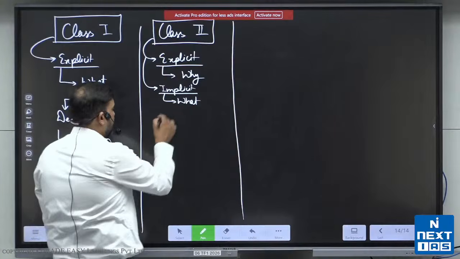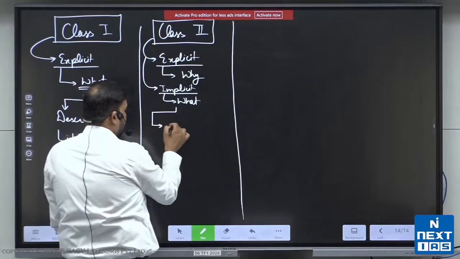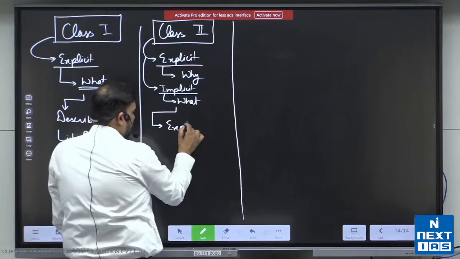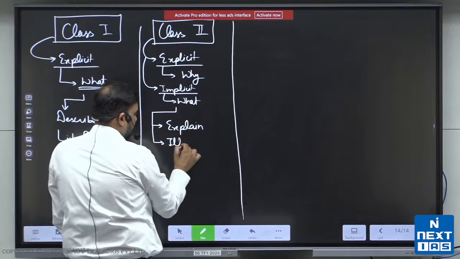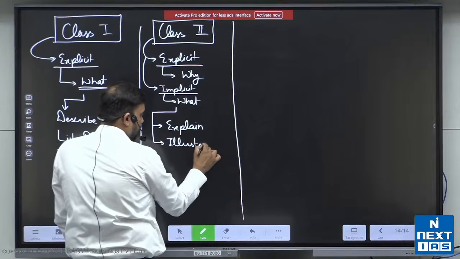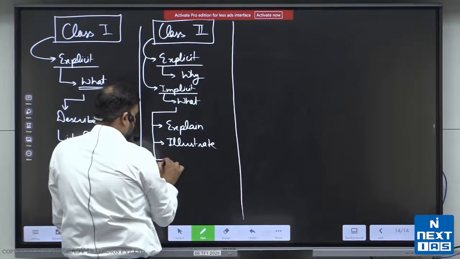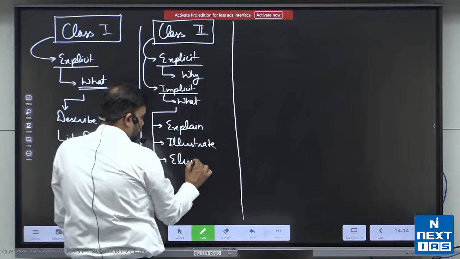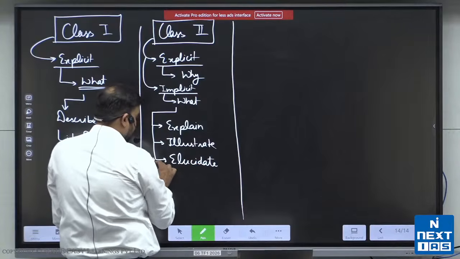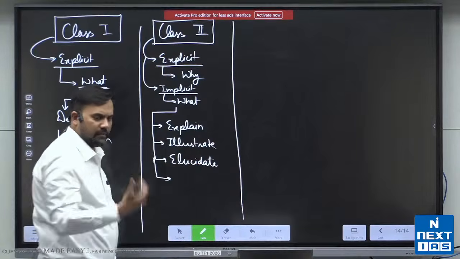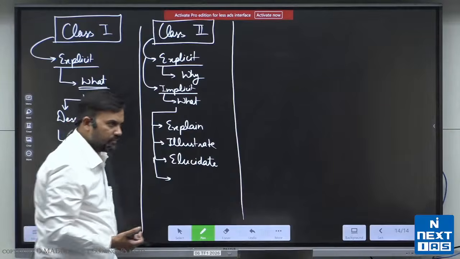So that is there. And you know, many ways this is asked, like explain, very commonly illustrate, elucidate. Elucidate, illustrate क्या होते हैं? They are explain with examples. ठीक है?